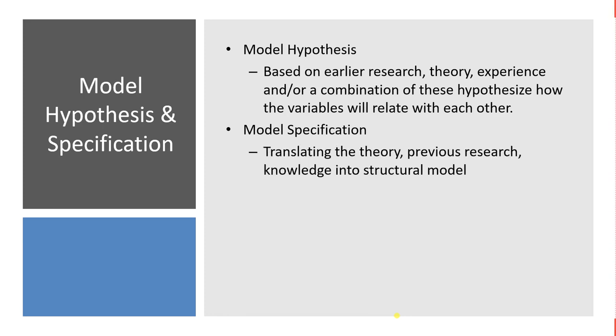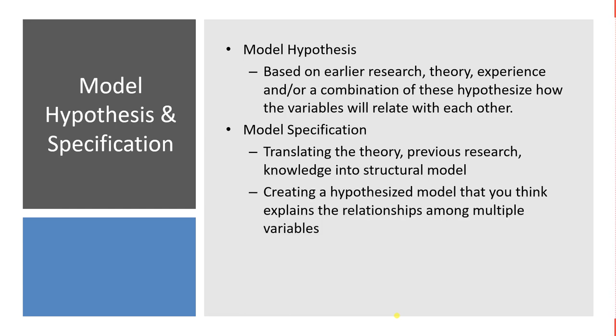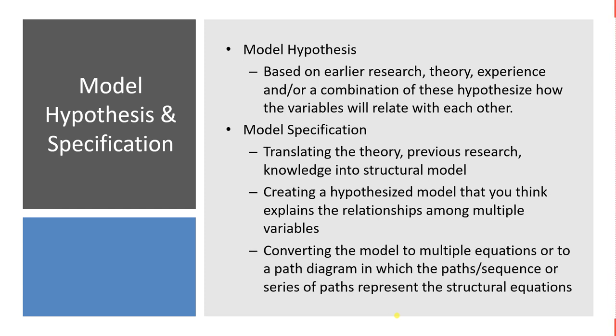And then model specification basically involves translating that theoretical model, translating the theory or the previous research or knowledge, into a structural model. We will define the relationships, and finally we convert those relationships into multiple equations or into a path diagram.